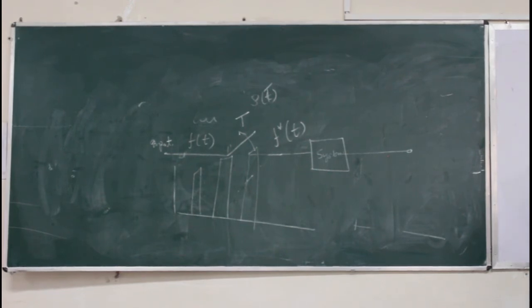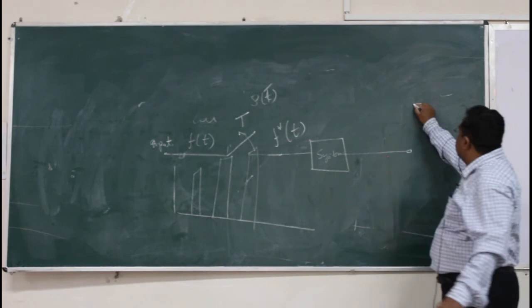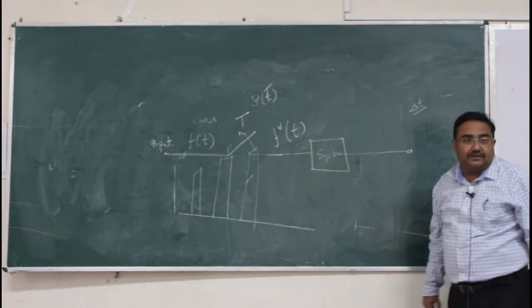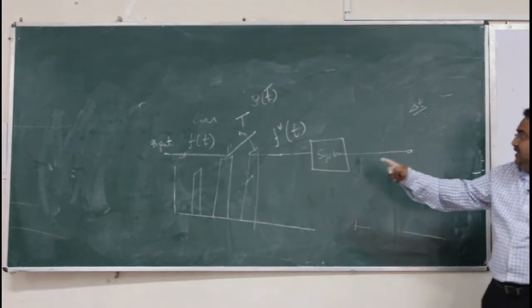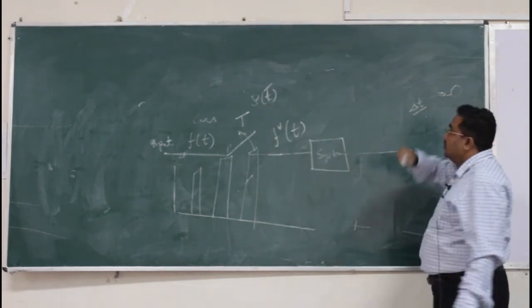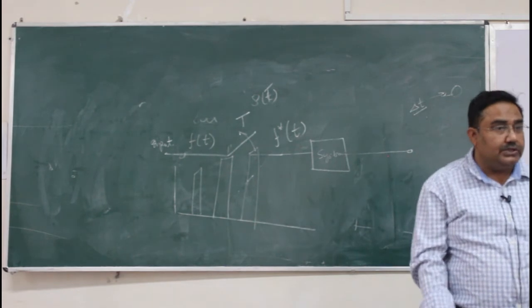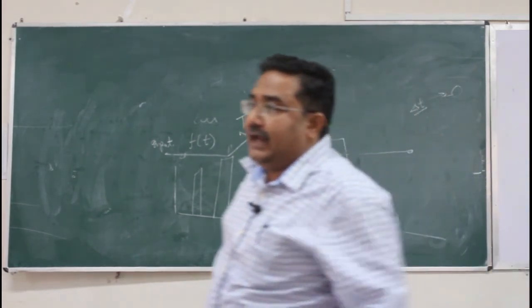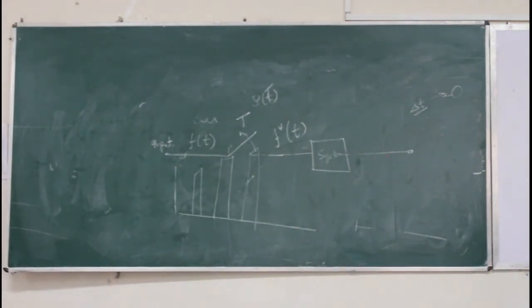If it is an impulse, this delta t tends to 0. So whenever I draw the schematic diagram of a sampler, if nothing is written, you will assume it to be an ideal sampler, that is, an impulse is being applied. It closes and opens. Clear or not?